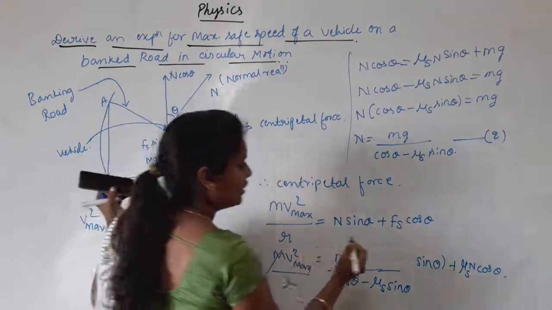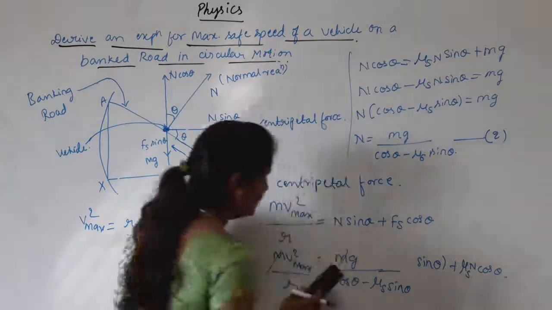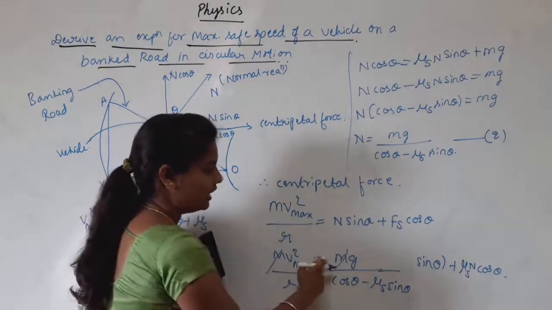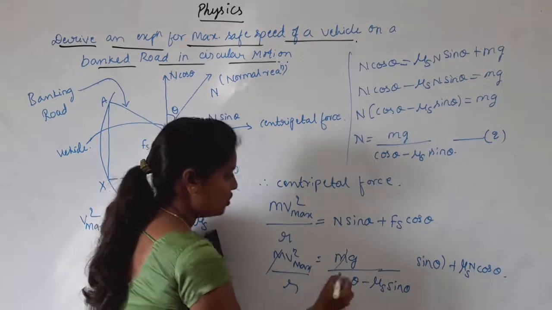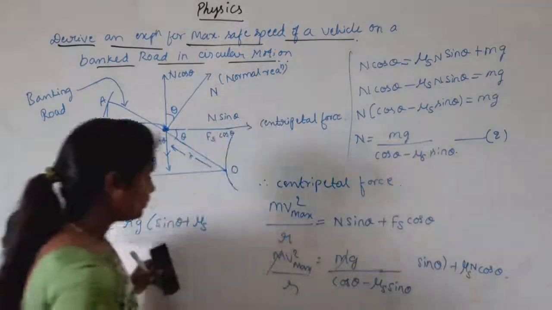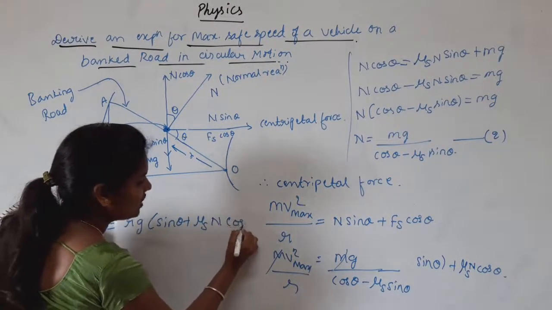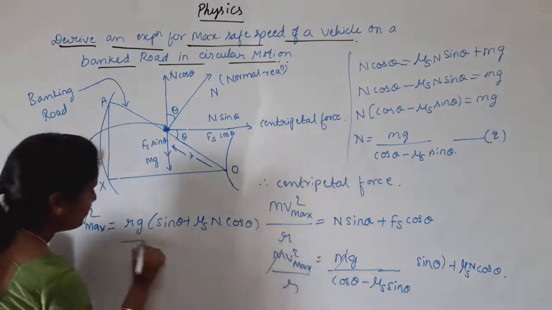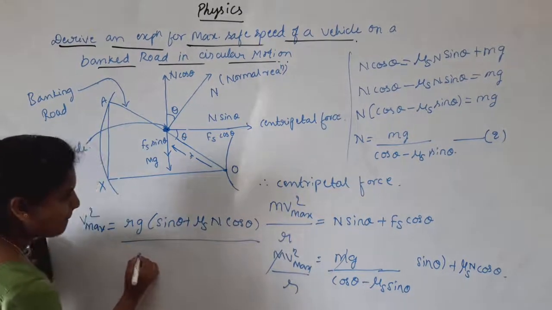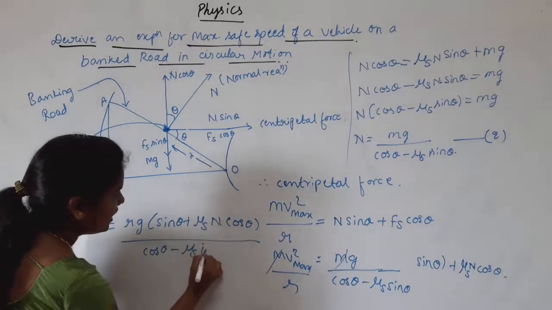In this step we took n as a common term: n into cos theta divided by cos theta minus mu s sin theta.